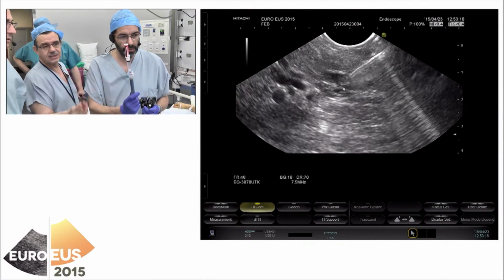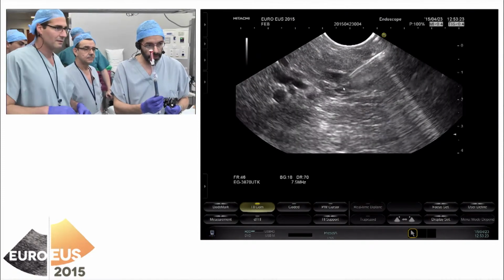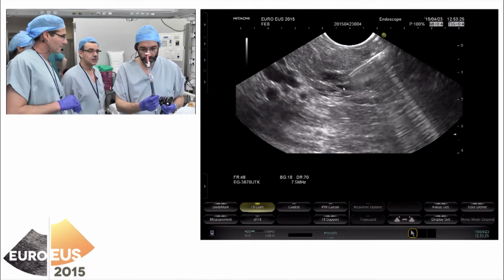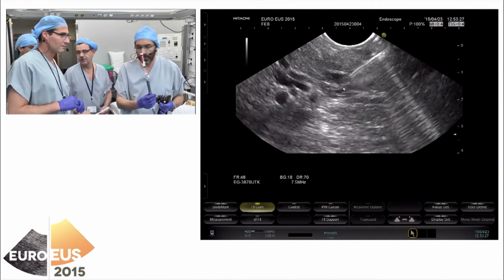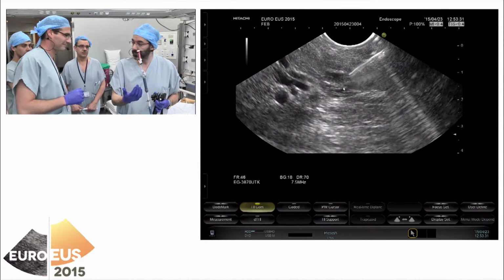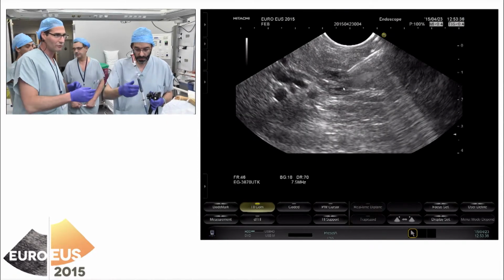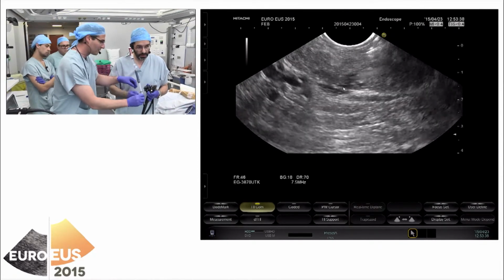But maybe we have liquid in the needle. We can try. But the image is in favor of serous. So we will stop the procedure. We will see what we have in the needle.